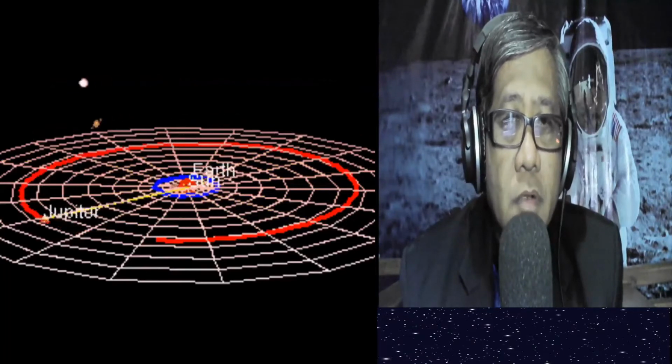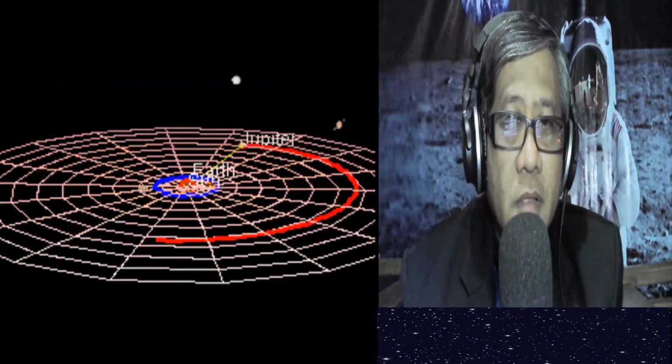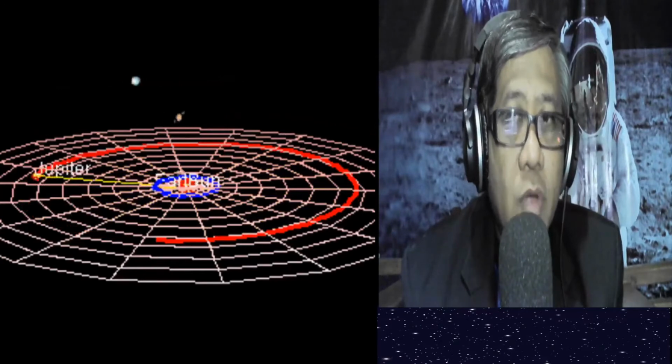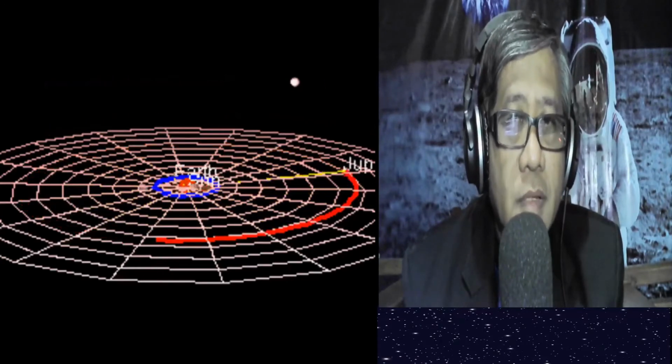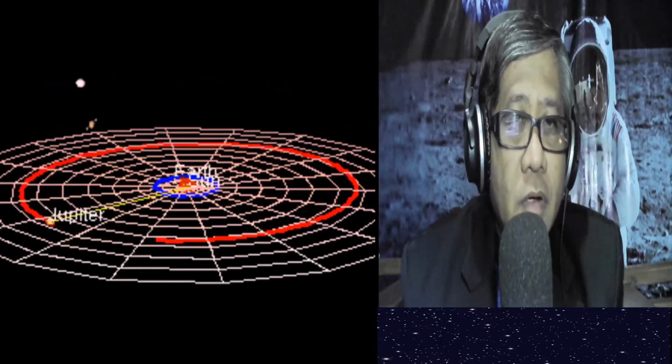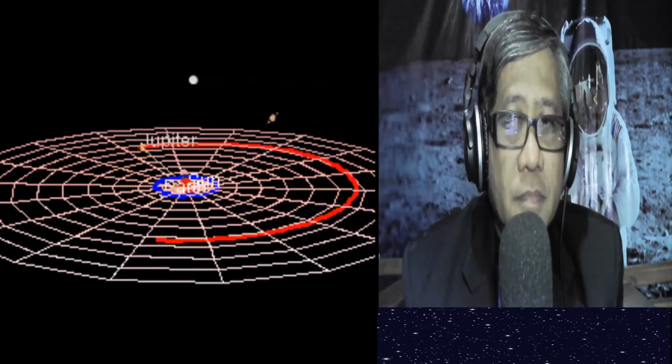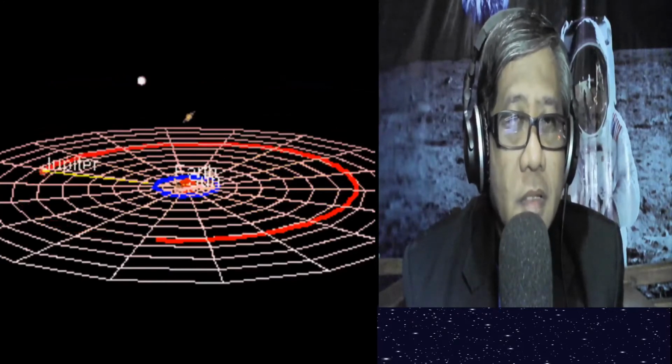Jupiter, being farther from the Sun as compared to the inner planets, takes about 11.8 years to complete one revolution around the Sun. So the farther the planet is from the Sun, the slower is its orbital speed. That's quite fascinating, isn't it?